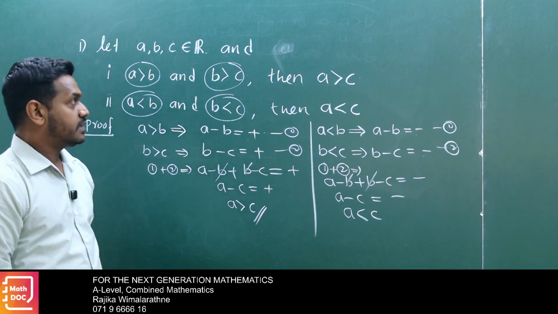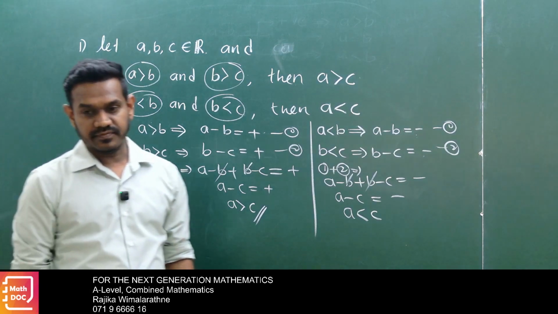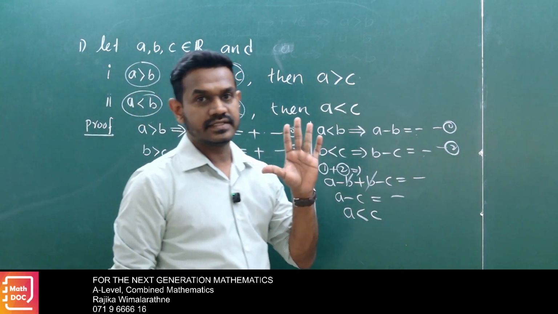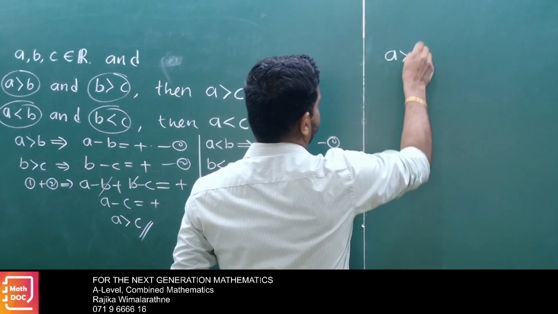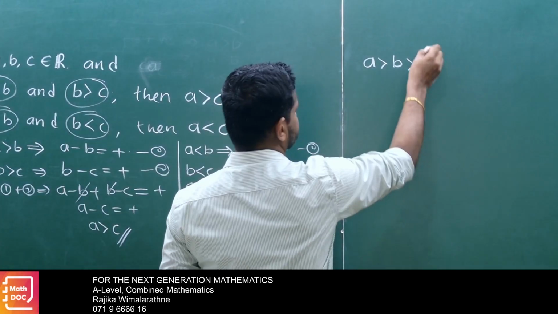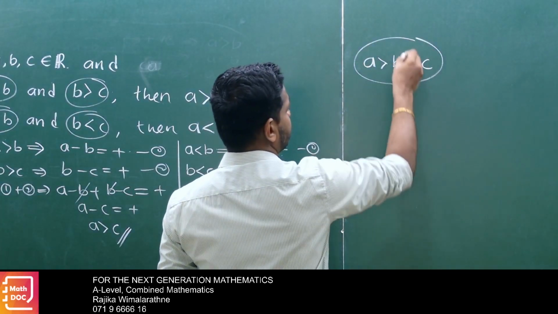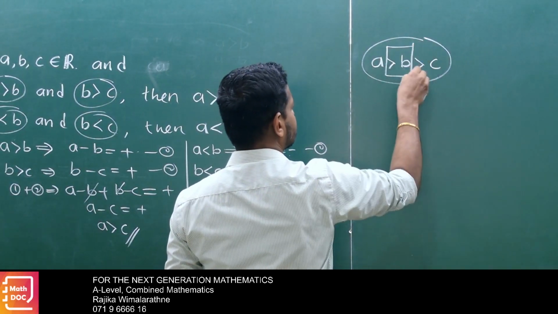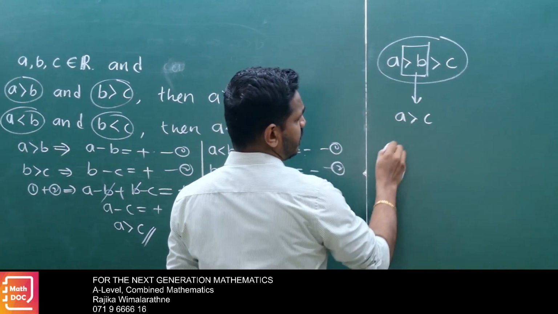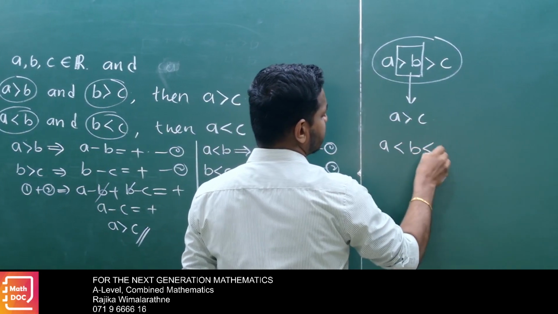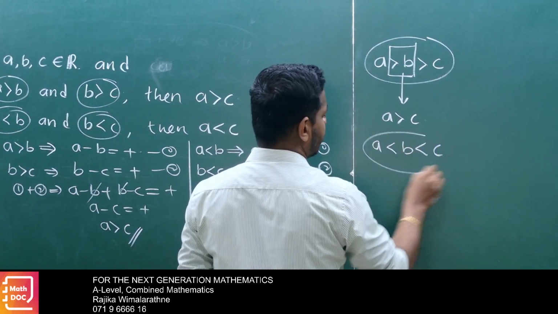Okay, that is a very simple theorem. So here same thing, A greater than B greater than C. Here this is a double inequality now. Then you can remove the middle part and you can write A greater than C. Now A less than B less than C case, here we have a double inequality.